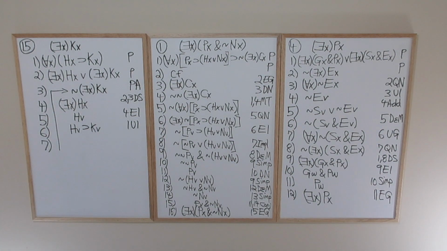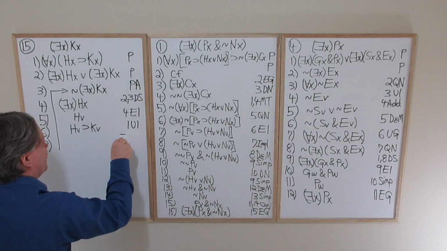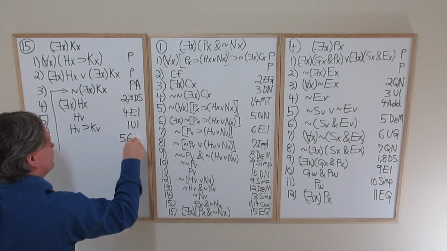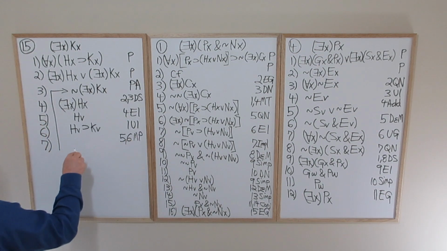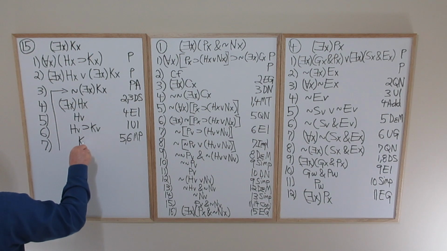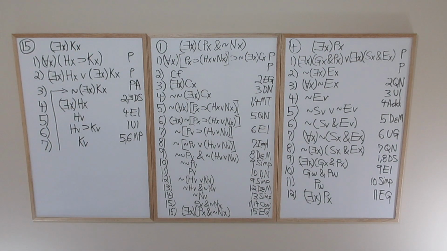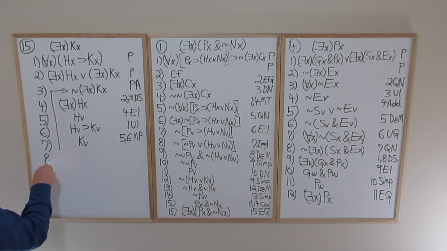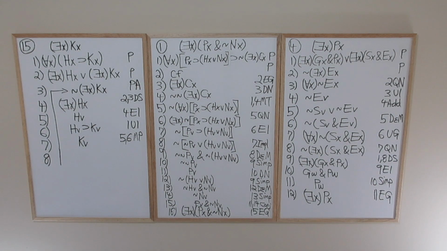So now 5, 6 modus ponens will give us unspecified v has been to Krakow. All right. We're looking for a standard contradiction. How are we going to get that standard contradiction? Well, here's an idea.